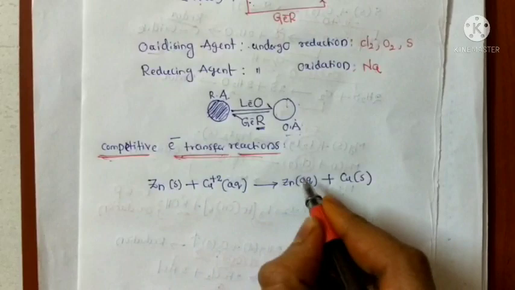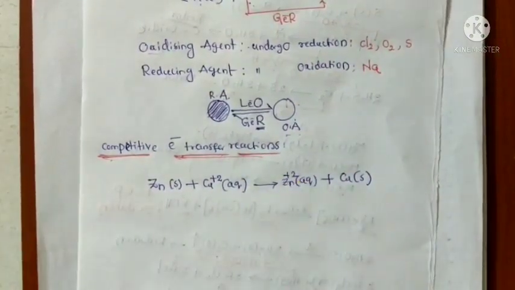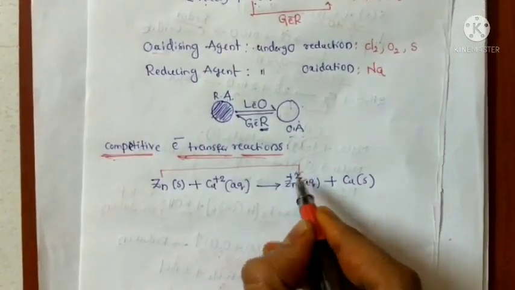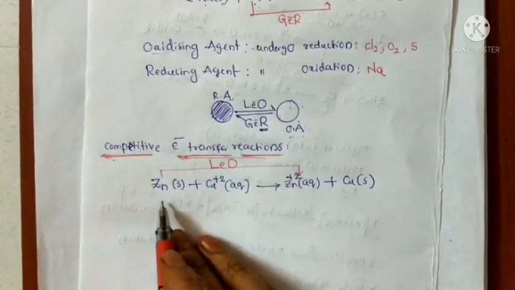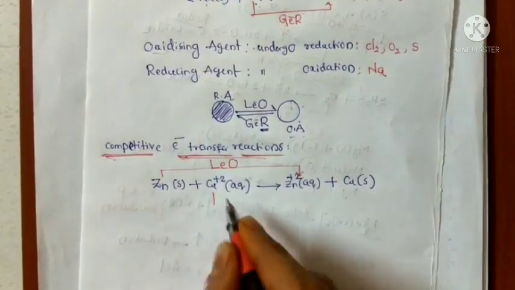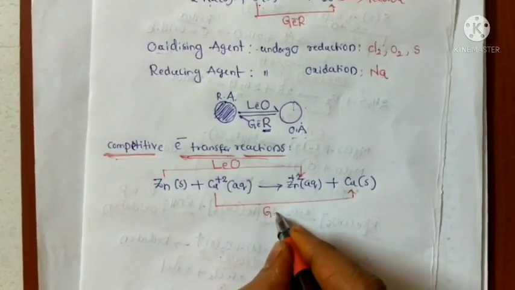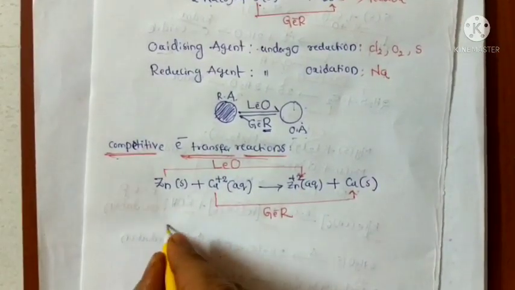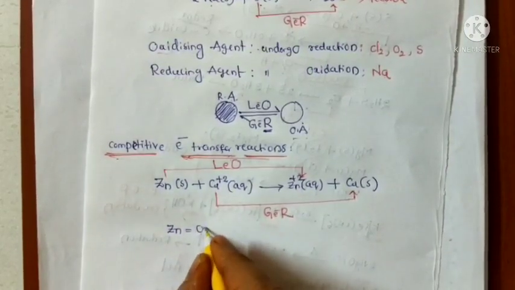Zinc is converted into zinc plus 2 ions, which means loss of electrons, so zinc is oxidized.